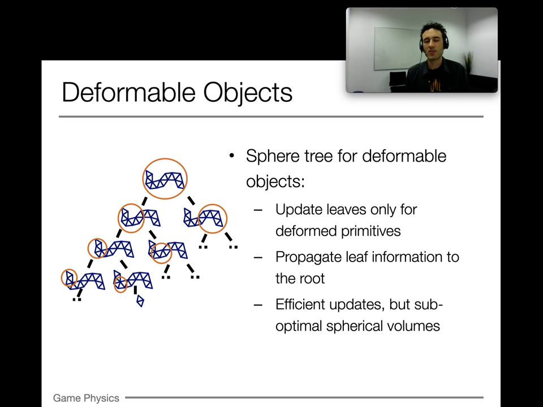So I might have to do some reordering, some heuristics to split shapes, so that I get back to reasonably shaped bounding volumes again. But as mentioned before, we will have a more dedicated algorithm for deforming objects coming up later that works quite neatly. So this is more of an outlook.